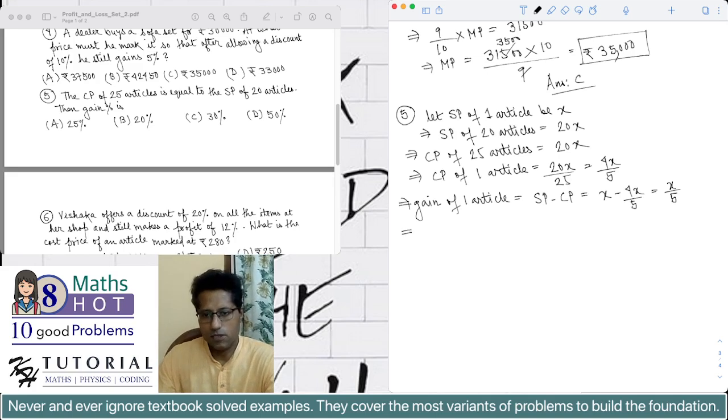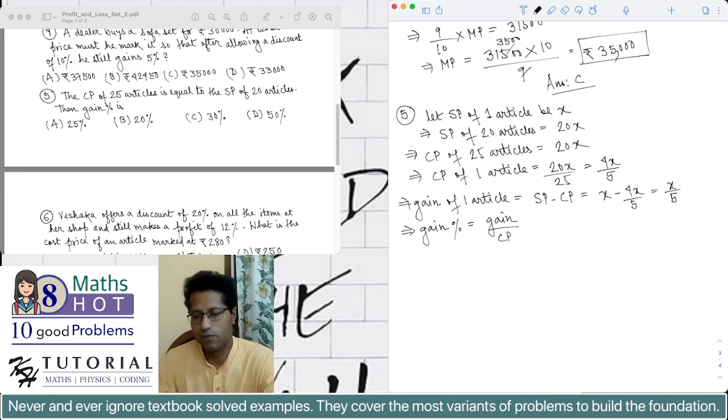Now, the gain percent is always computed based on the cost price. So, gain percent is equal to gain divided by cost price, that is the cost price of one article, multiplied by 100.